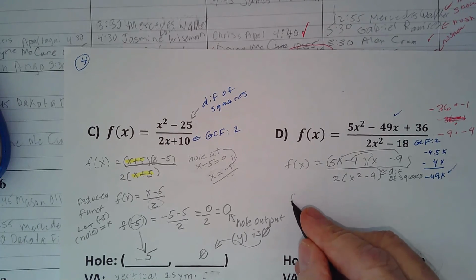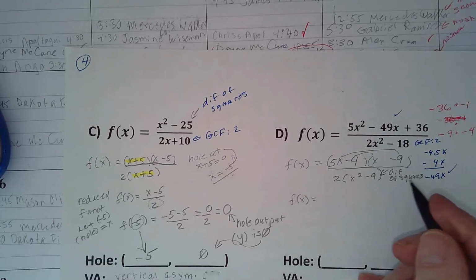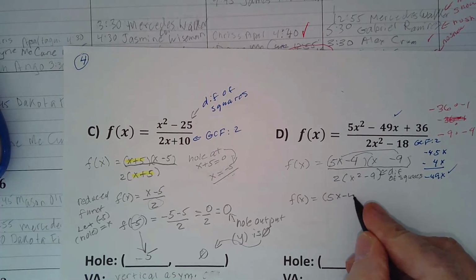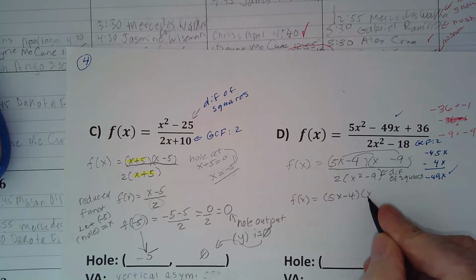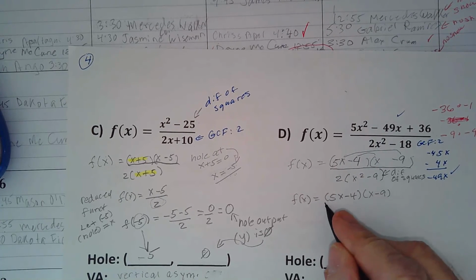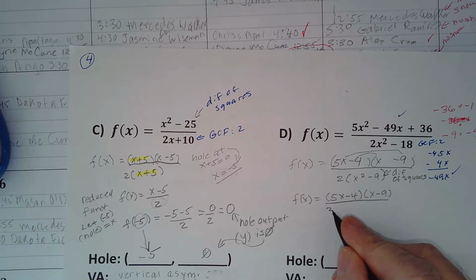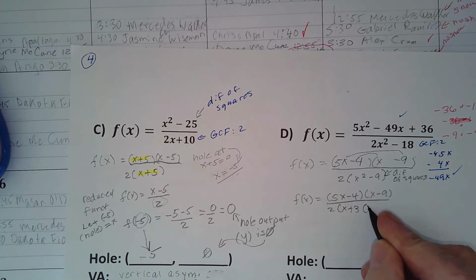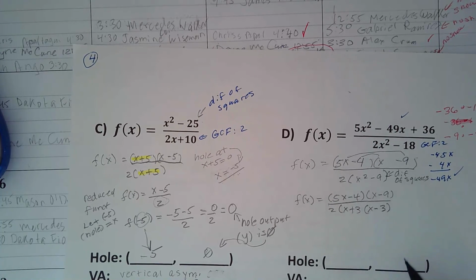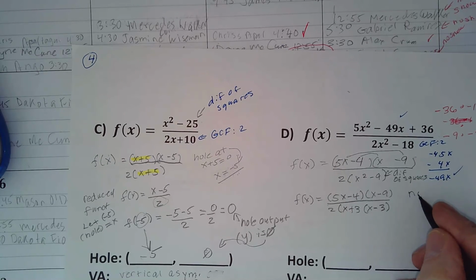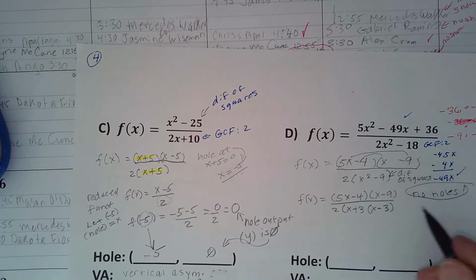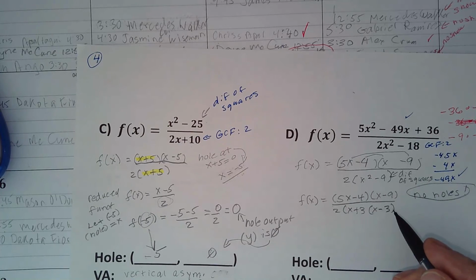f of x equals, numerator stays the same, 5x minus 4 times x minus 9. The denominator would be 2 times x plus 3 times x minus 3. Again, we have no holes, because nothing in the numerator and the denominator matches that we can take out.